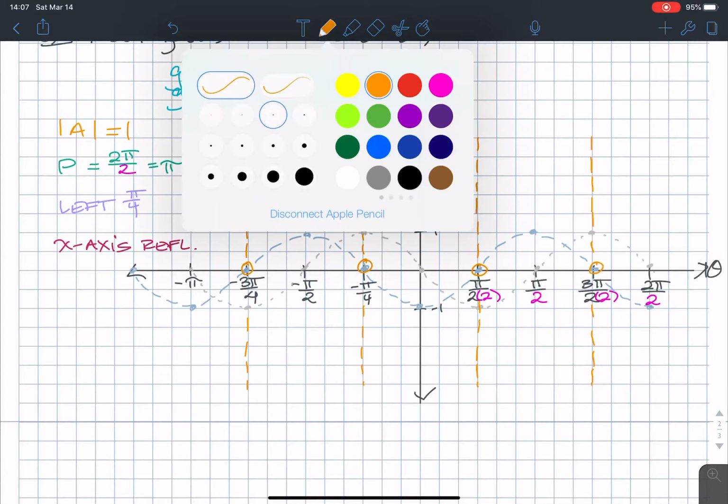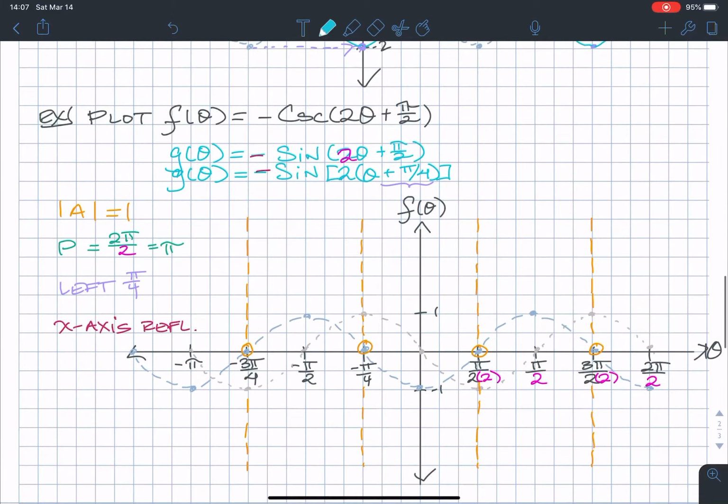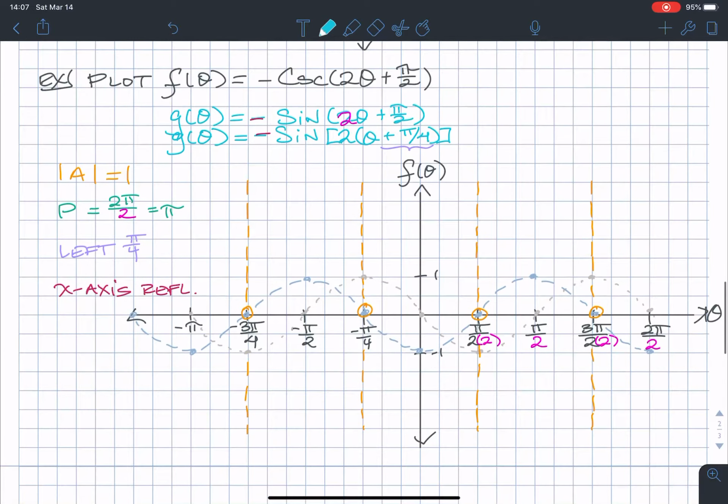Okay, so now finally I can plot the graph of negative cosecant of 2 theta plus pi over 2, because I will meet at the peaks and the troughs of the negative sine graph that has been shifted to the left by 1 tick mark, or pi over 4 units.